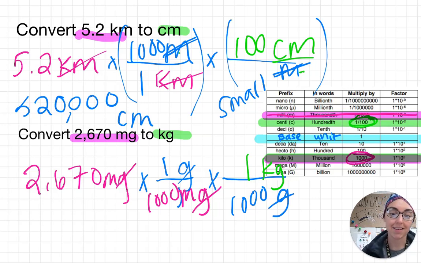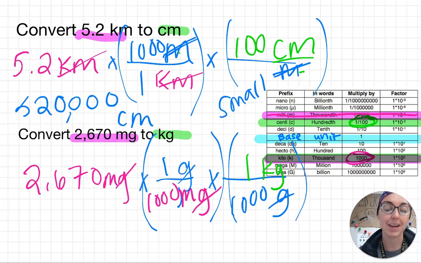You see, this one looks kind of opposite to the one we did before, because now my big numbers are on the bottom, which means I'm dividing. So my numbers should get smaller, because milligrams are really tiny, and I'm going to a really big kilogram. So it makes sense that my end number is going to be pretty small.